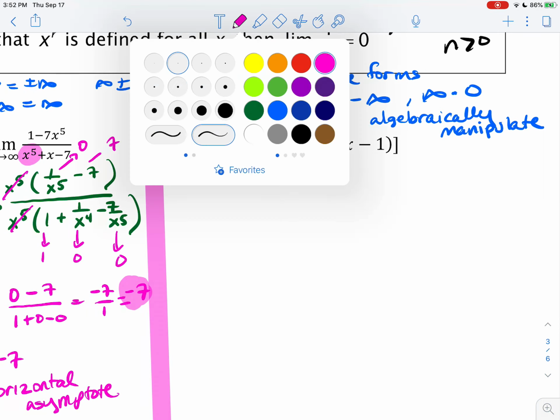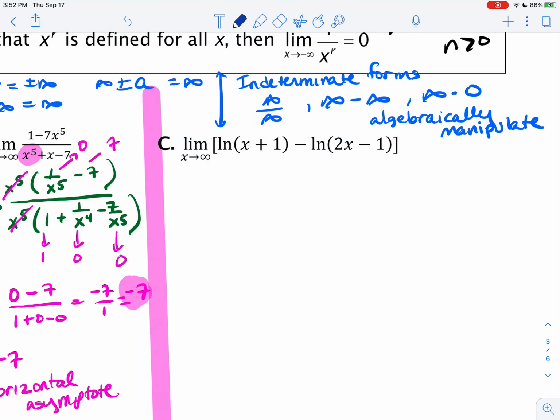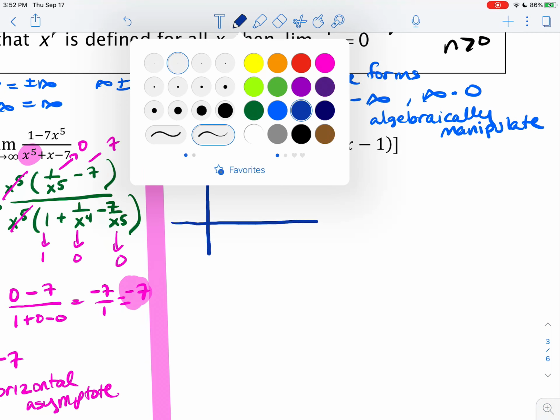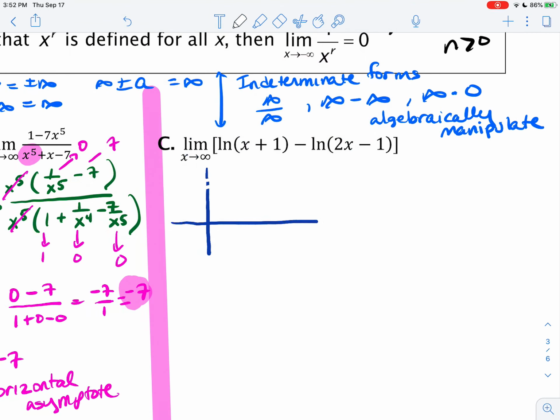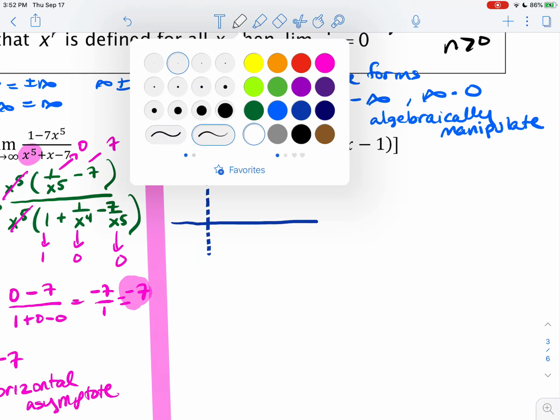All right, here, if I were to plug in infinity, note that just for the sake of graphs, it's easier to determine the limits of functions from graphs.